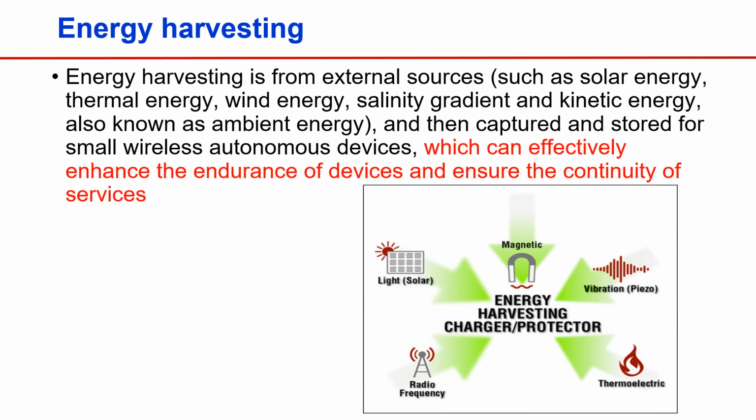Both energy harvesting technology and dynamic voltage and frequency scaling technology are to prolong the life of equipment, and energy harvesting technology ensures the continuity of service by capturing green energy.